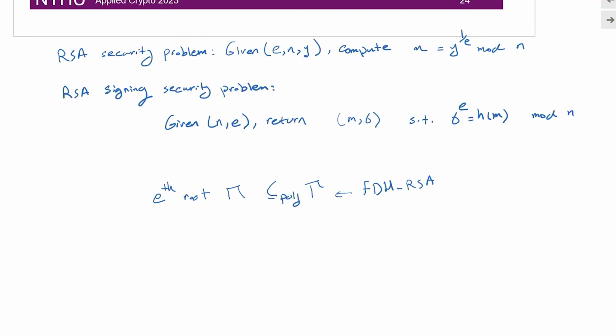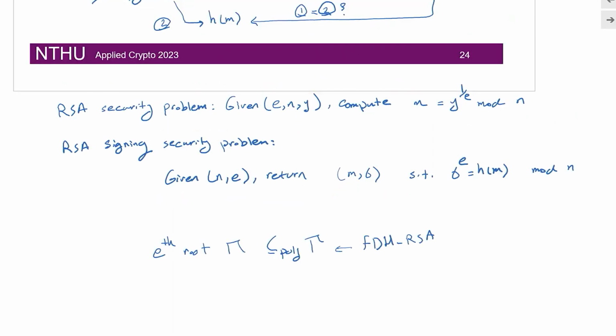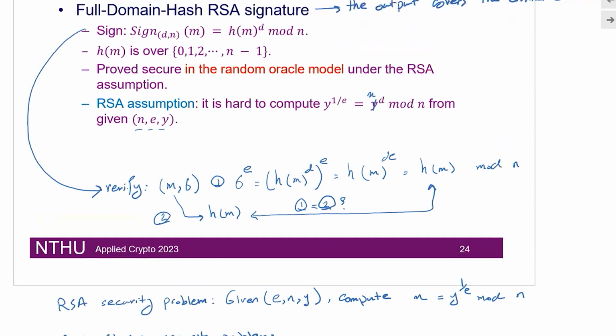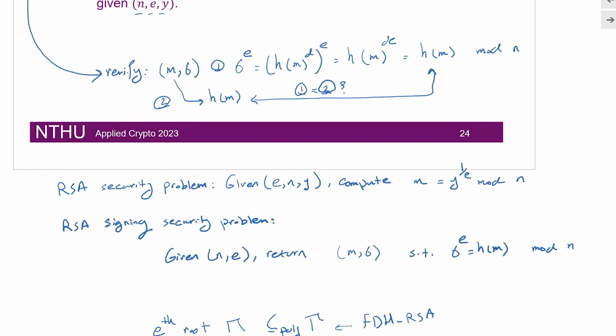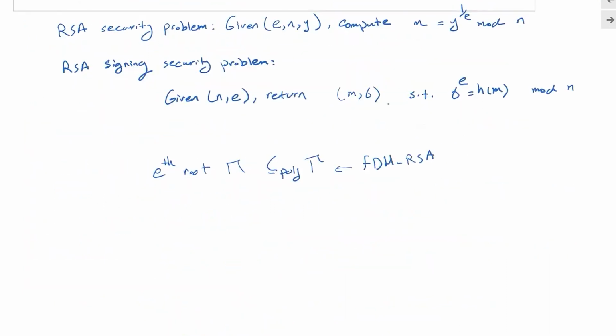We are saying that if somebody can forge, can break this crypto system, we are designing a signature scheme, which means that if somebody doesn't have the private key, they shouldn't be able to sign any message. But we are going to show that if somebody can sign a message without having the private key, and the signature has to be correct and satisfy this condition, then we can use this forged signature to solve this RSA problem.